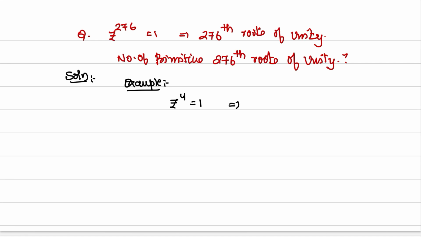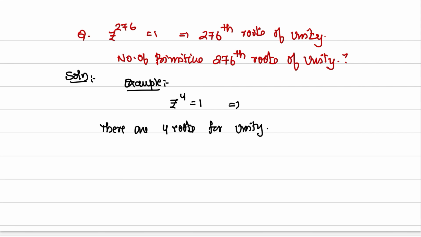That means there are 4 roots of unity. If z to the power of 276 is equal to 1, there are 276 roots of unity we are considering. Here z to the power of 4 is equal to 1 means we are considering 4 roots of unity.